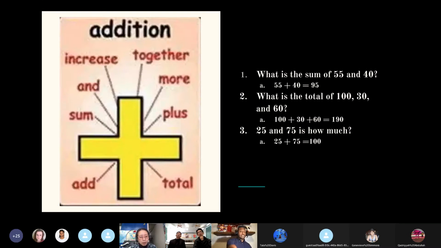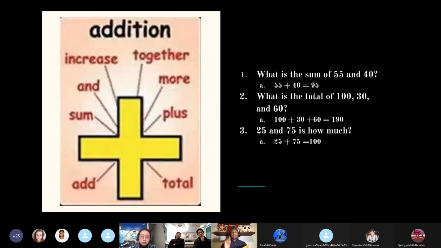I wanted to distinguish that sum and total are a little bit different because those two are typically not represented just by the plus sign or just by the addition symbol, but the sum is what you get once you add everything together.